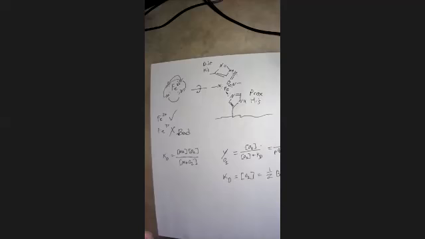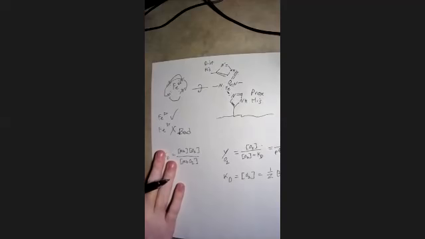So yeah, that is pretty much all the fun. Now for the actual studying part. All right, so let's face it, we're going to have a problem where we have to answer the percentage bound of oxygen on myoglobin.